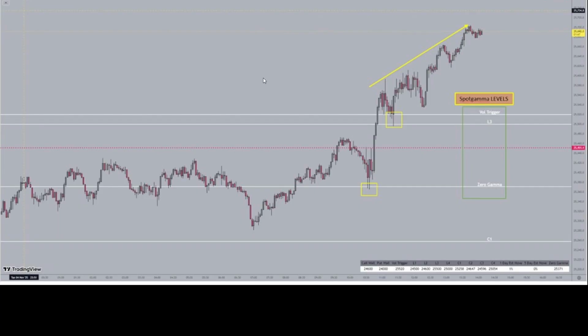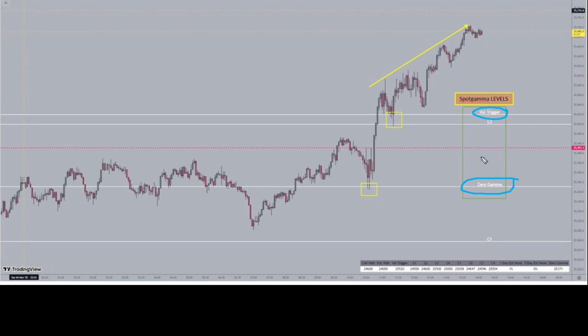Okay, let me show you how this GEX can act as support or resistance. The first thing we have to find every morning is where the zero gamma and the volatility trigger are. These two signs give you the line in the sand.